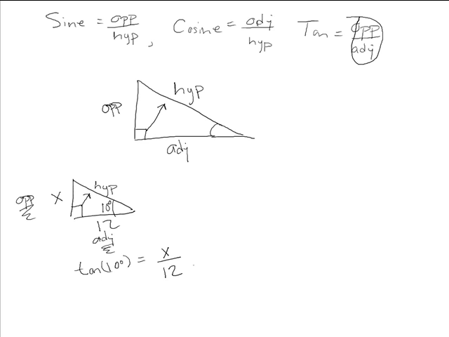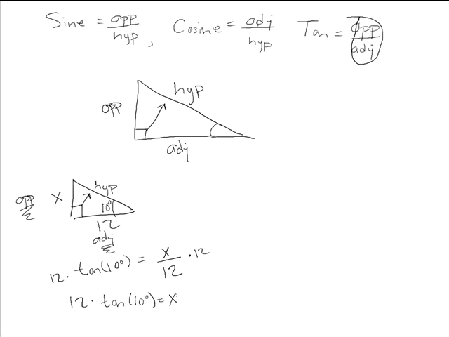All right, so now we're dealing with some algebra here. We want to know how to isolate x. In order to isolate x here, we have to do the opposite of the operation that's being performed. In this case, the operation being performed is dividing by 12. The opposite of dividing by 12 is multiplying by 12. So I'm going to multiply both sides of my equation by 12. So I get that 12 times the tangent of 10 degrees is equal to x.